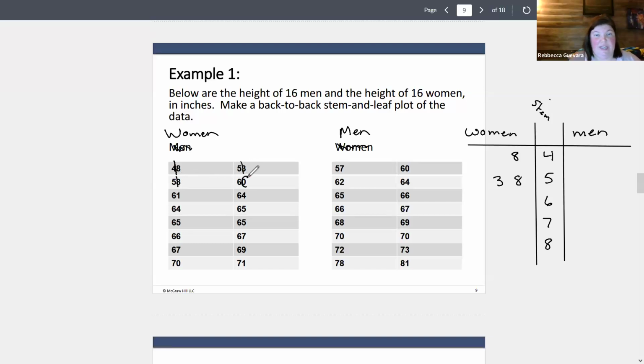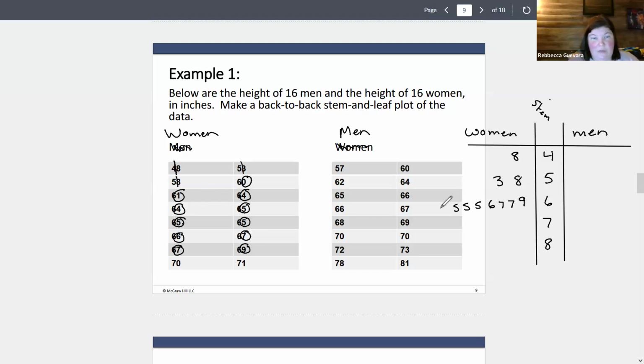When we look at the 60s, we got a leaf of 0, 1, 5, 4, 4, 5, 5, 5, 6, 7, 7, 9. So I'm going to write these backwards on here. So we had a 9, we had a 7 and a 7, and then we had a 6, and then we had a bunch of 5s. How many did I have? 1, 2, 3, 4, 5, 6, 7, 8, 9, 10, 11.